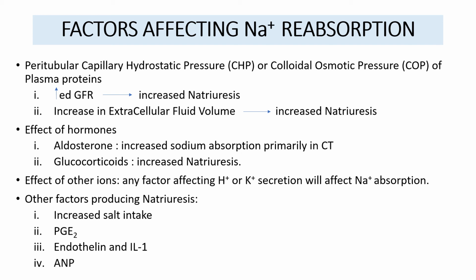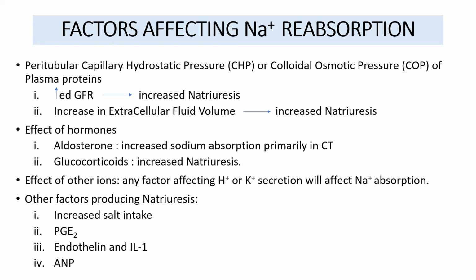What happens in the loop of Henle? In the loop of Henle, the sodium chloride potassium symporter is there on the luminal side, and on the basolateral side the sodium potassium pump is active. In the DCT and CT, sodium is reabsorbed either by the chloride driven sodium pump or by the sodium potassium and hydrogen exchange.